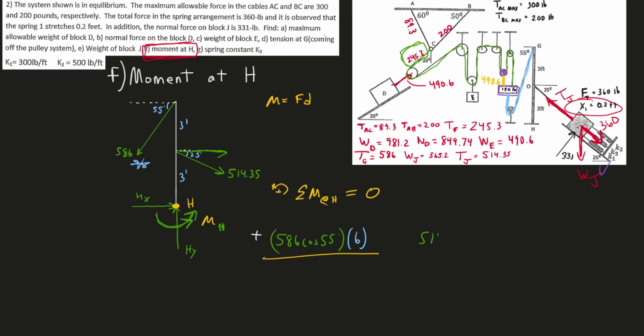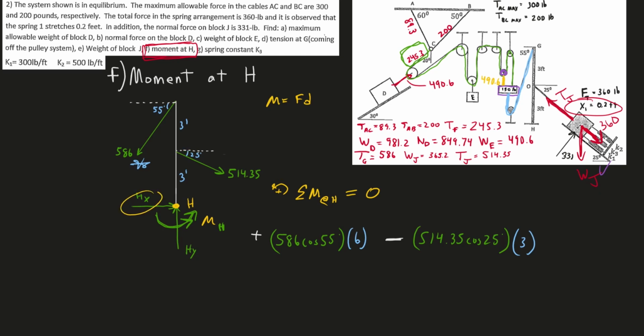So the force, 514.35 cosine of 25 degrees. And the lever arm would be just 3 feet. And we can see that this force will want to rotate this object clockwise about H, and clockwise is in the negative direction.